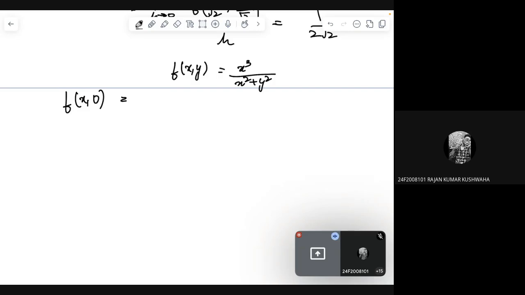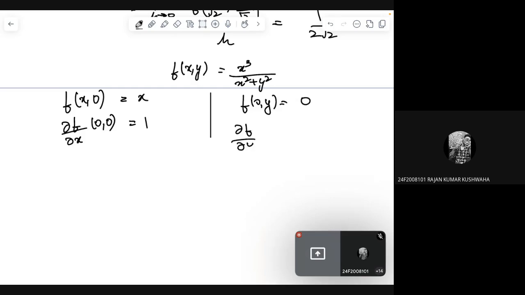If you put y equal to 0 in this function, then you get f(x,0) as x. So del f del x at (0,0) is going to be 1, right? And if you put x as 0, then you get 0, and del f del y at (0,0) is going to be 0.